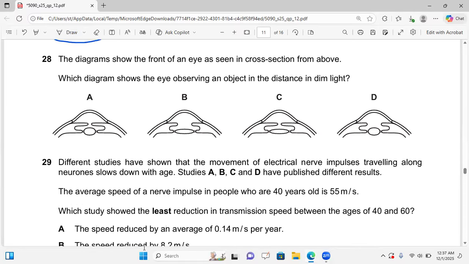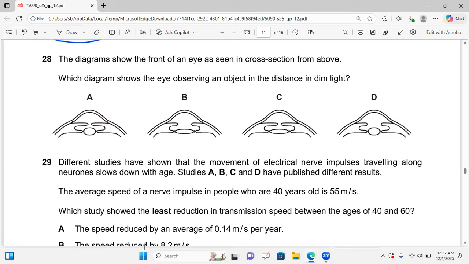After that, he is saying the diagram shows the front of an eye as seen in cross section from above. Which diagram shows the eye observing an object in the distance in dim light? Here the lens will be relaxed, because the object is in the distance and the light is dim.